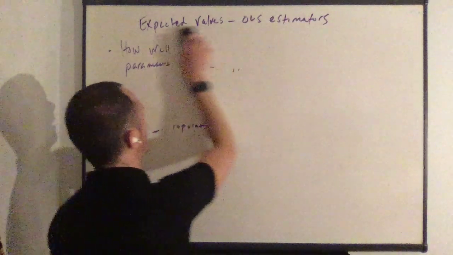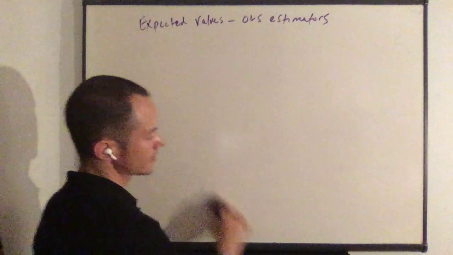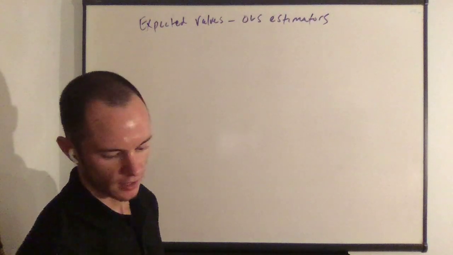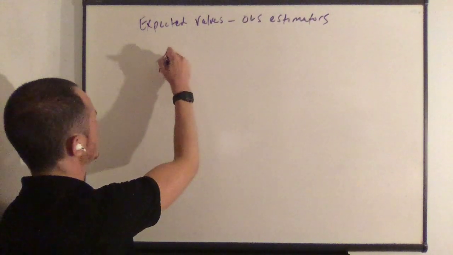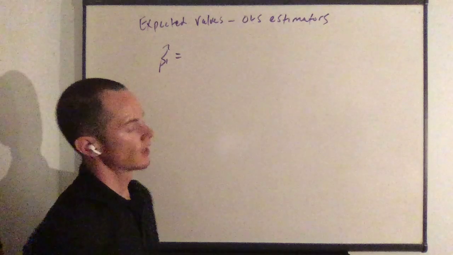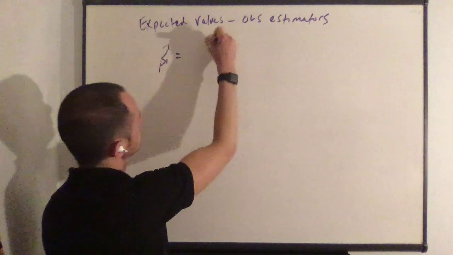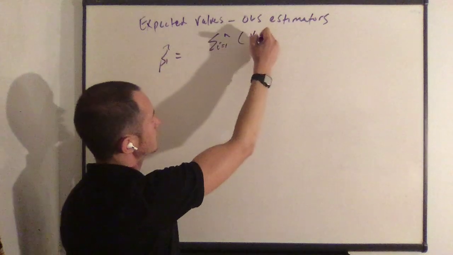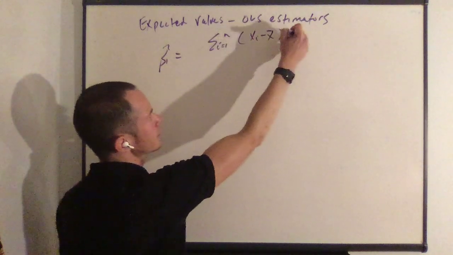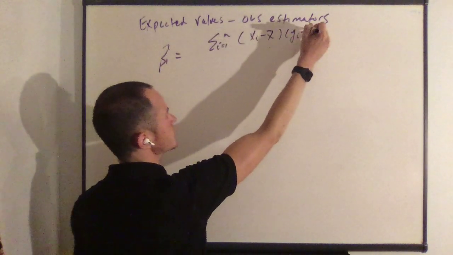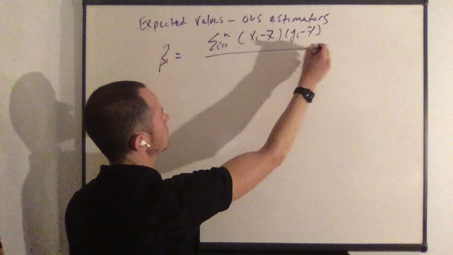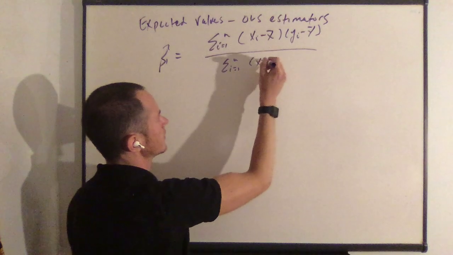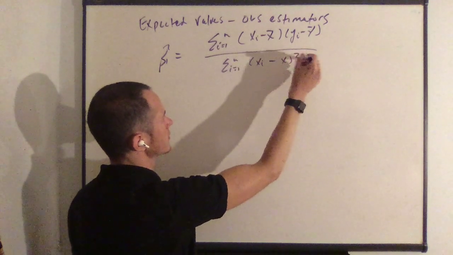Recall we have derived the functional form of beta 1 hat as the sum from i equals 1 to n of (xi minus x bar) times (yi minus y bar), all over the sum from i equals 1 to n of (xi minus x bar) squared.